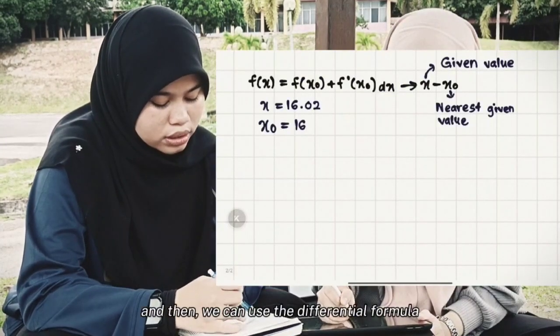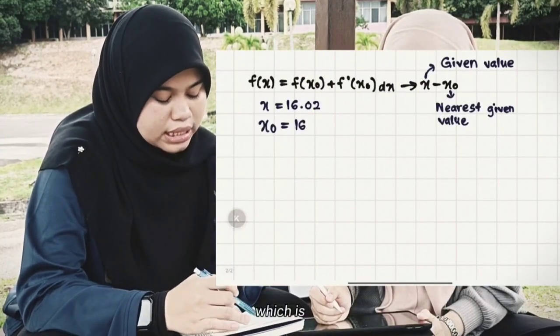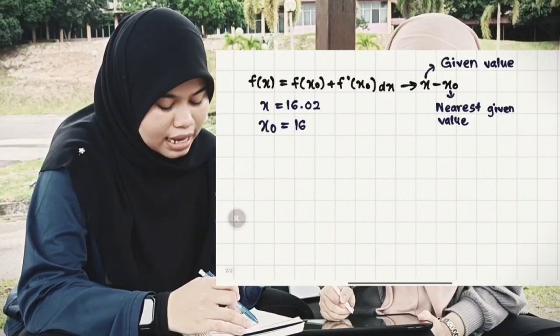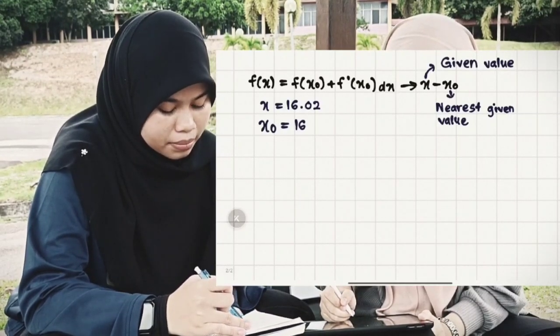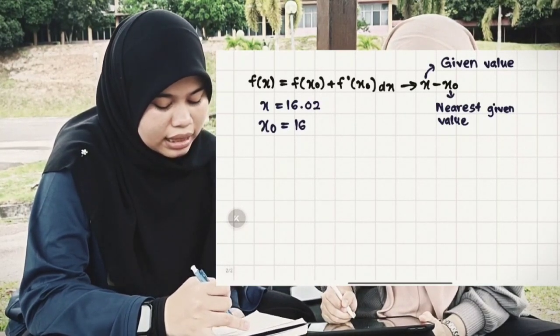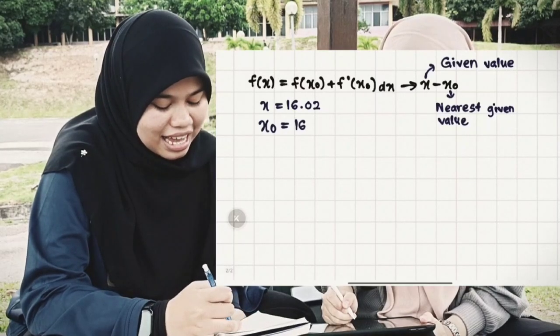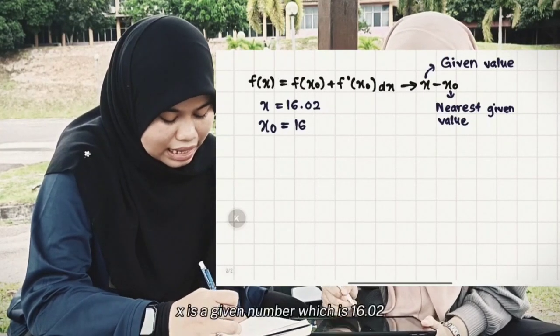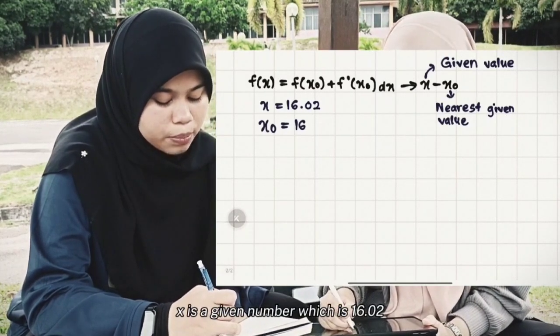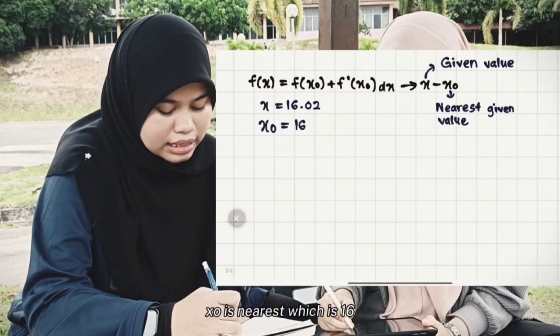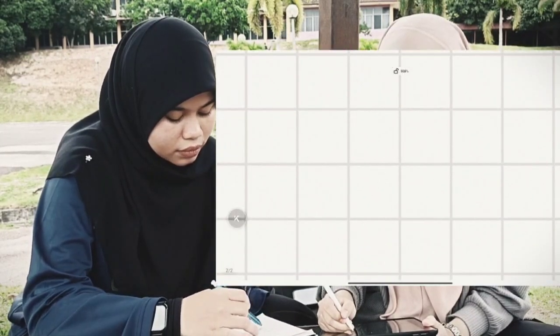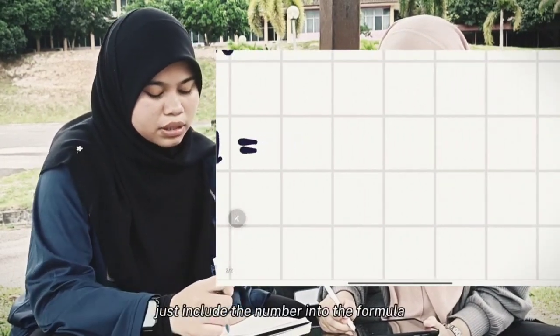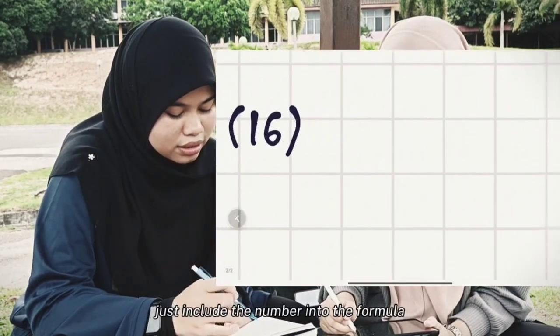And then we can use the differential formula, which is f(x) equal to f(x0) plus f prime (x0) times dx. dx is x minus x0. x is a given number, which is 16.02, and x0 is the nearest, which is 16. Just include the numbers into the formula.